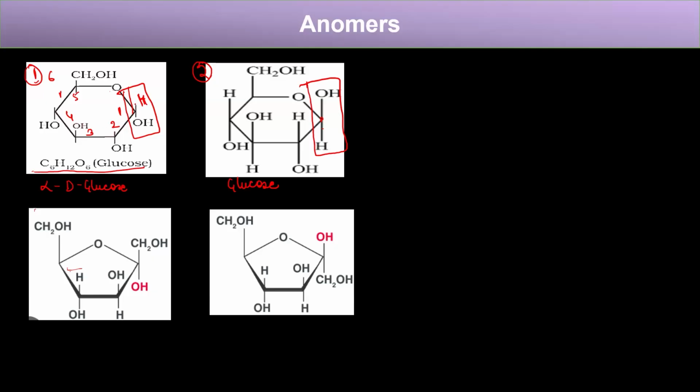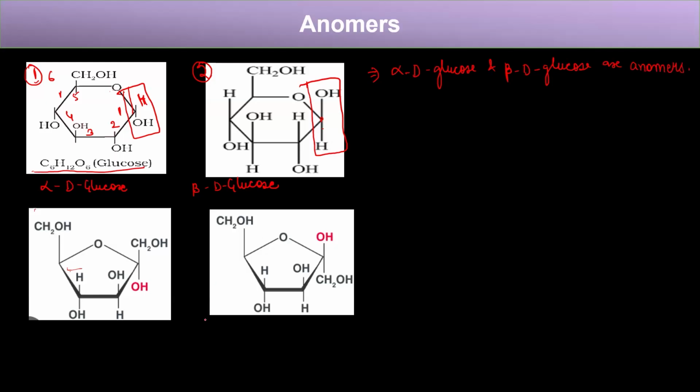That's why we are writing D. But based on the orientation of OH, it is downward, hence it is known as alpha D glucose. And in the second case, the OH is upward, hence it is known as beta D glucose. And it is said that this alpha D glucose and beta D glucose are anomers.